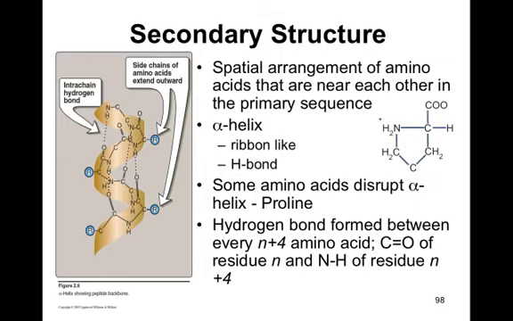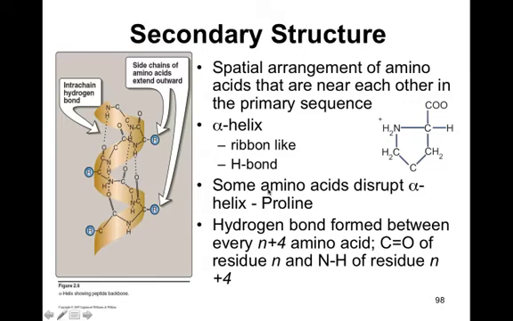In the alpha helix, and we have a better picture of this, you have the oxygen of the carbonyl of one amino acid forming a hydrogen bond with the hydrogen of the amino group of the second amino acid and holding the structure in place. So you have these hydrogen bonds all across the peptide backbone that hold together the alpha helix and beta sheets.